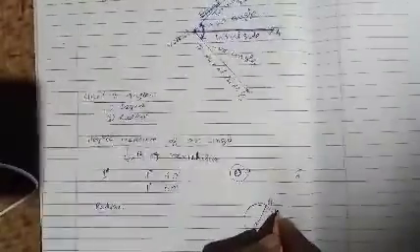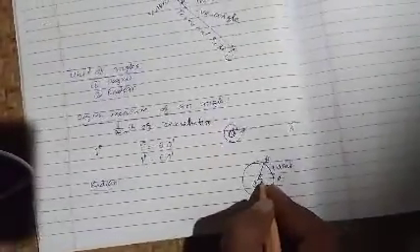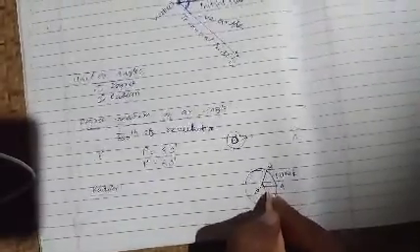Suppose AB is an arc of unit length, and this arc subtends an angle at the center of a unit circle. What is called unit circle? Unit circle means if the radius of a circle is 1 unit, then that circle is called unit circle.